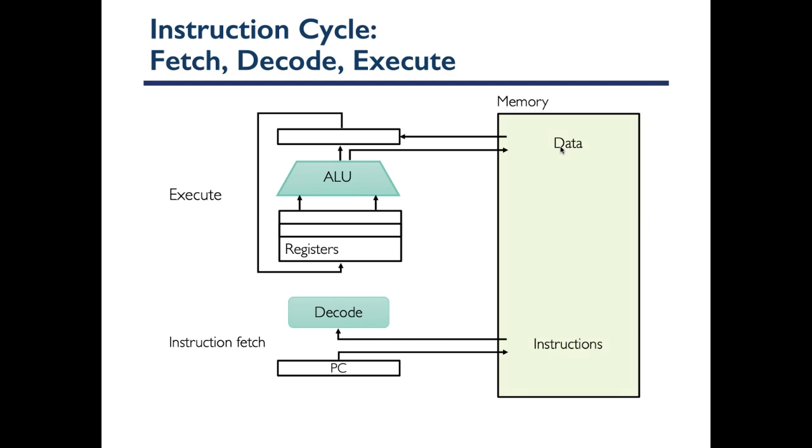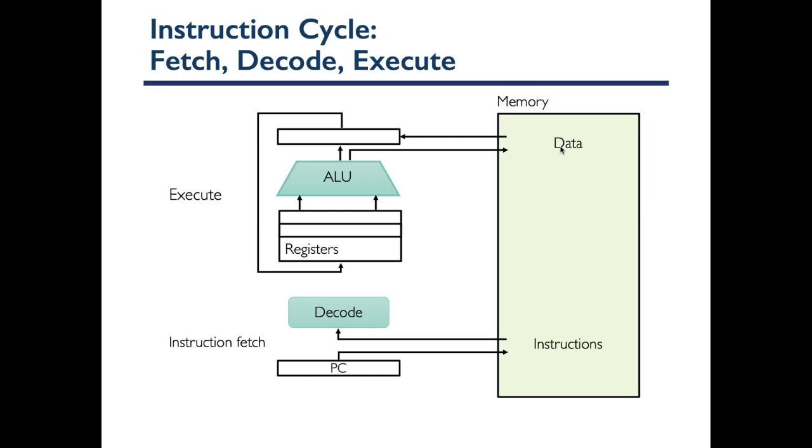So it might be executed using the registers. If it is an add, it's going to add two registers and then store the result back to another register. And potentially, if it is, let's say, a store, it's going to store the data back to memory. Or if it is a load, it's going to load the data from the memory to the registers.